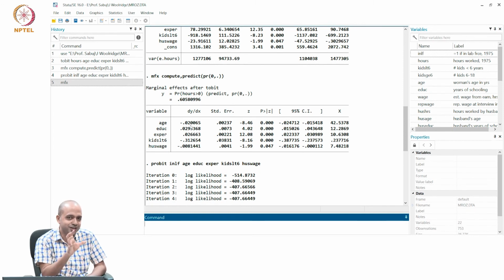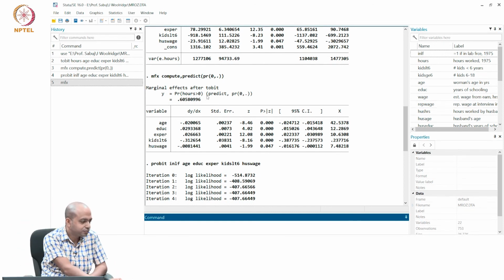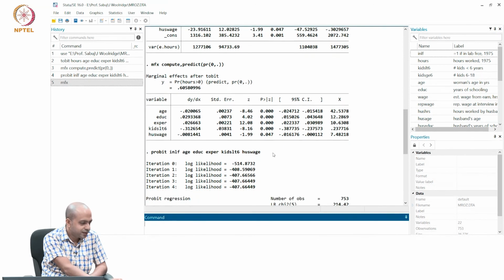That is why we said that the first stage is like estimating a Probit model, whether the married women will participate in the labor force or not. Once they participate, then we can actually observe the positive amount of labor supply, and then we can get the elasticity of that amount of labor supply with respect to any of your explanatory variables.